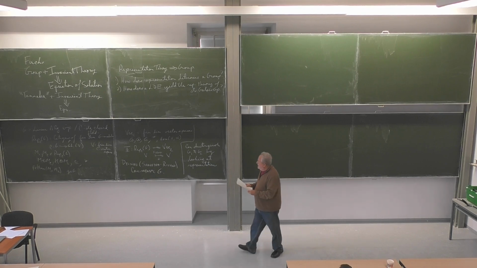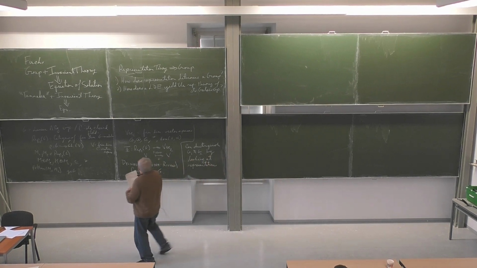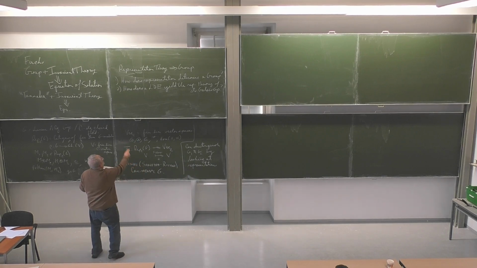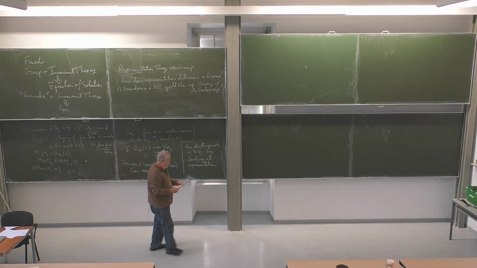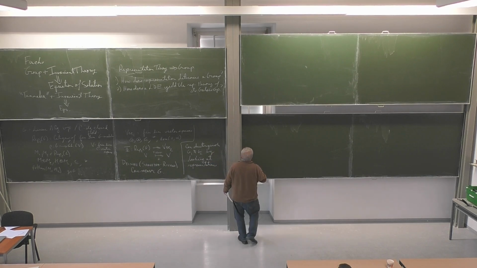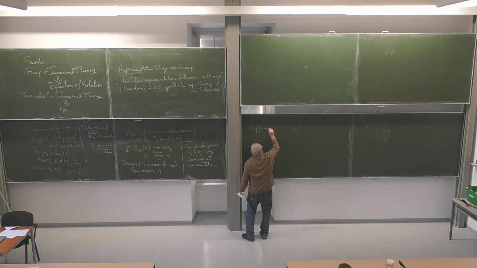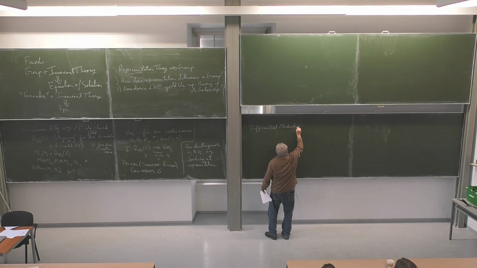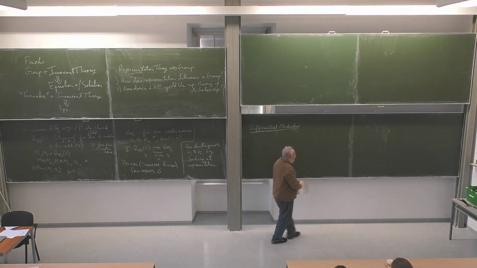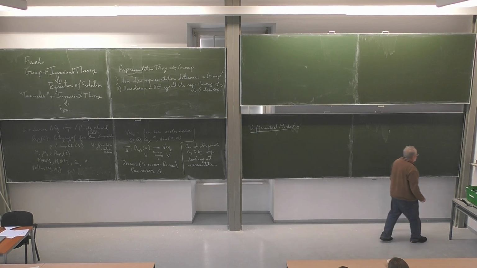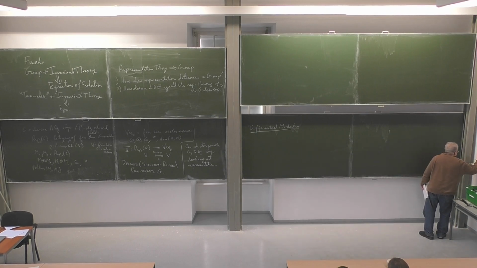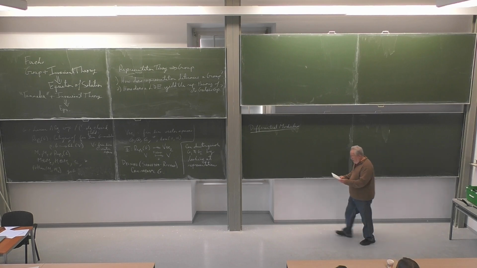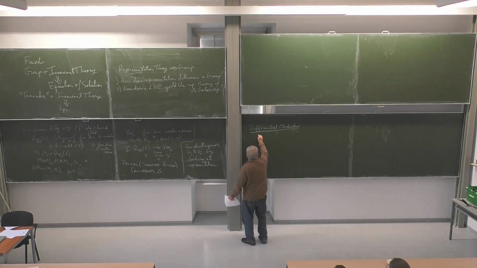Okay, what about how do I get this representation theory from an equation? So here I want to talk a little bit about differential modules. So what is a differential module? I'm going to take a differential field.